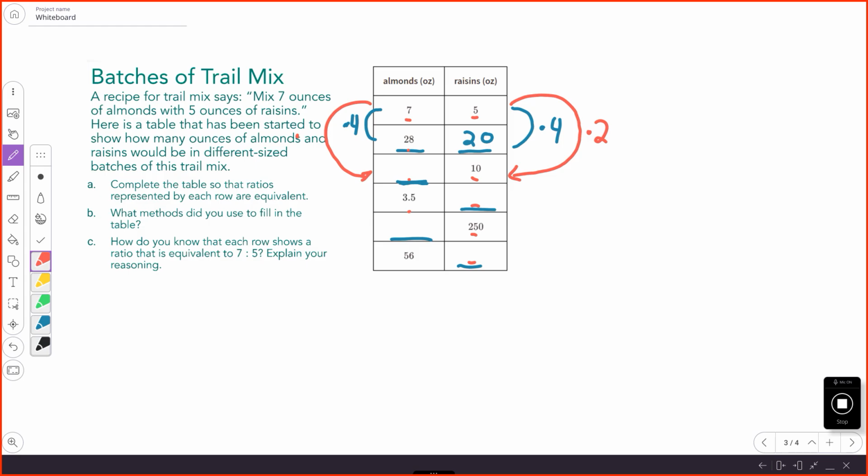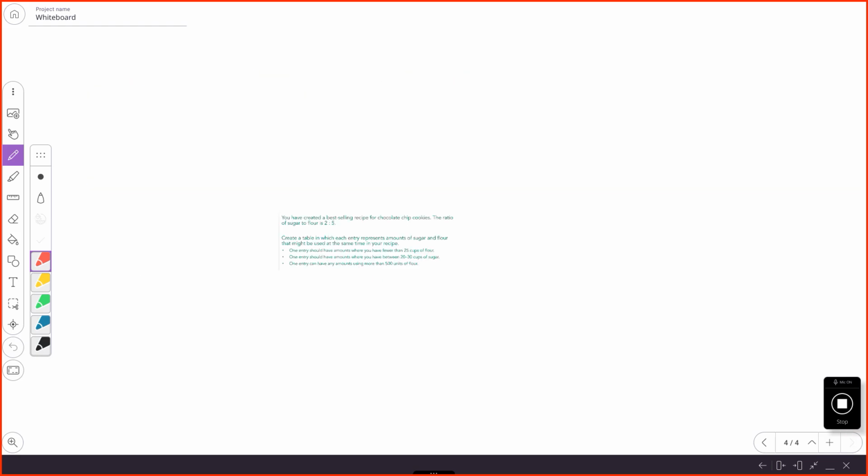Let me give you a little hint with this one here. 3.5, use the calculator to figure out how many 7s fit into 3.5 or how many 3.5s fit into 7. All right, go ahead and do that. Finish the table. Next.